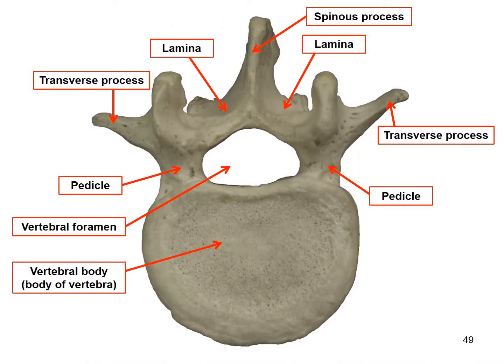Now on this view, we're actually looking at a lumbar vertebra, and it has the same vertebral body that we saw before. It has the same vertebral foramen. It has the same vertebral arch that forms that vertebral foramen. It does also have two transverse processes that come off, as well as the spinous process that sticks out. We're going to add a few more areas to look at.